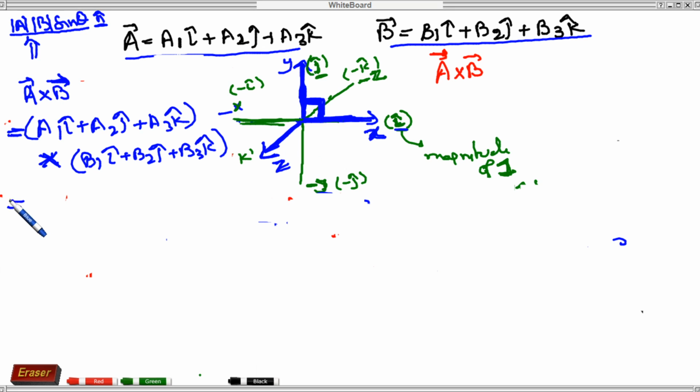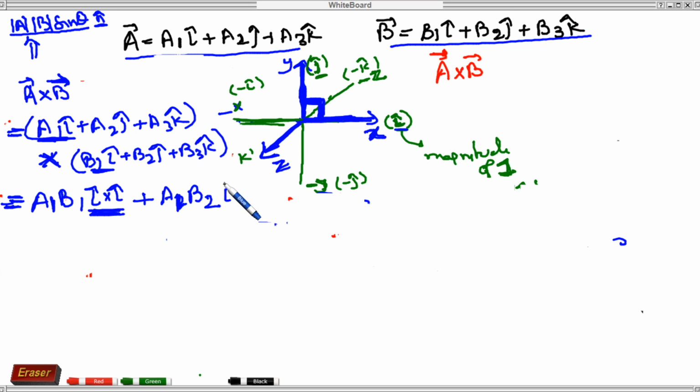Here I am again multiplying this to all these three. a1 b1 i cross i. Similarly a1 b2 i cross j plus a1 b3 i cross k. You have to maintain the order.